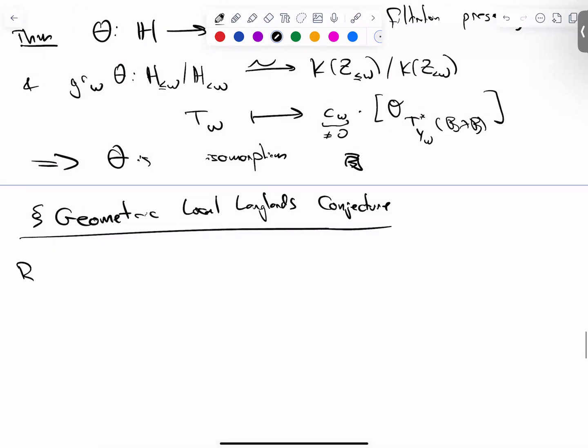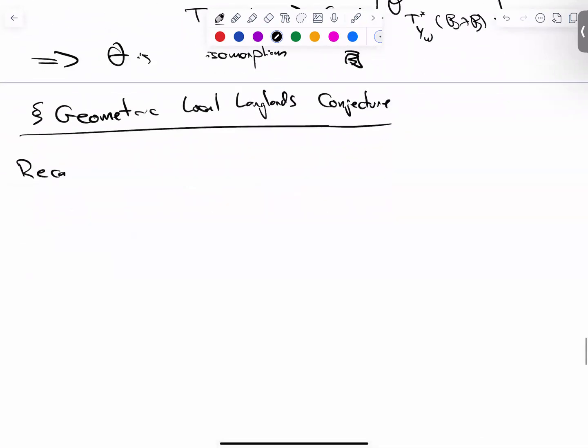So let's first recall the main thing we proved in the first half. The first complete proof of what I presented was in Chriss-Ginzburg, chapter 7. That was the main reference.